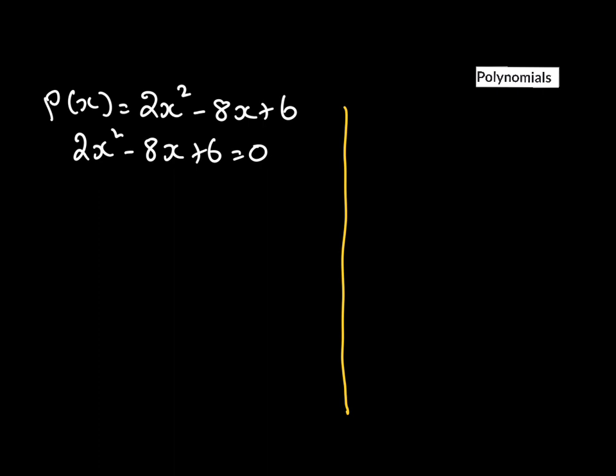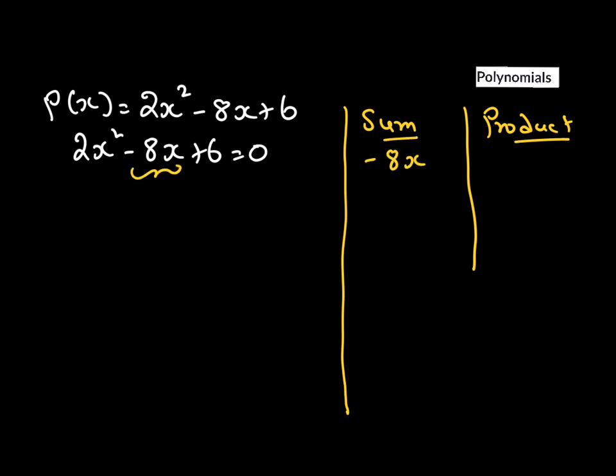Let's recollect our method. We will write down the sum of the polynomial and the product of the polynomial over here. The sum is the middle term, minus 8x, and the product is the multiplication of 2x squared times 6, which is going to be 12x squared. Now think of two numbers.